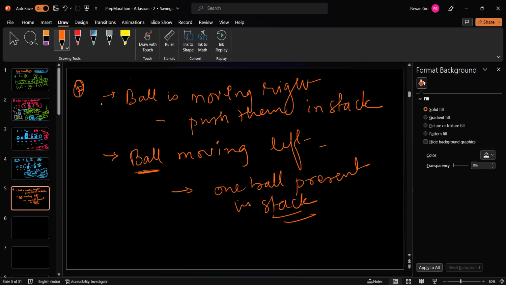That will tell you there is a right ball before this ball, and we can have a collision. If your stack is empty, it means there is no ball moving right before this, so there is going to be no collision. No collision if stack is empty.